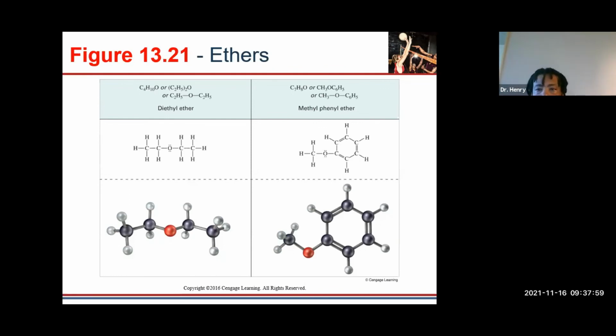If you notice, this is a benzene ring, right? So if we have a benzene ring attached, instead of calling it benzyl, we call it phenyl. I don't know why it ended up getting that switch, but it does.